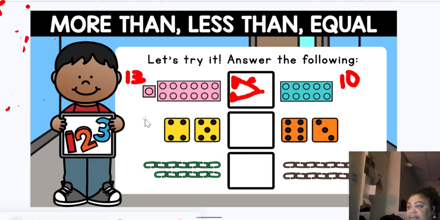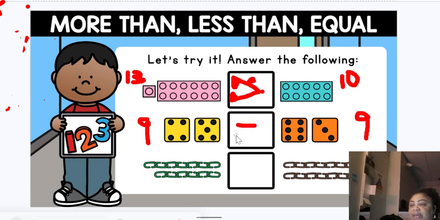This is 9. And this number is also 9. 6 plus 3 is 9, and 4 plus 5 is 9. So is 9 and 9 greater than, less than, or equal to?